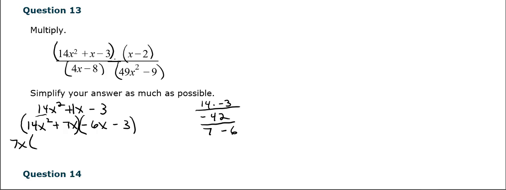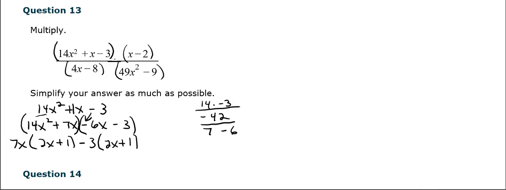So when I factor out a 7x, that leaves me 2x plus 1. And in my second grouping, remember, since this is a negative, I'm going to factor out a negative. And the greatest common factor of 6 and 3 is 3. So I'm dividing negative 3 out of each one, and that gives me 2x plus 1 as well.